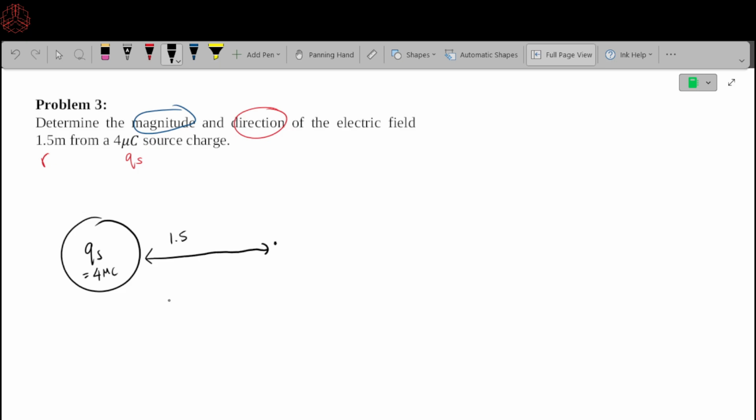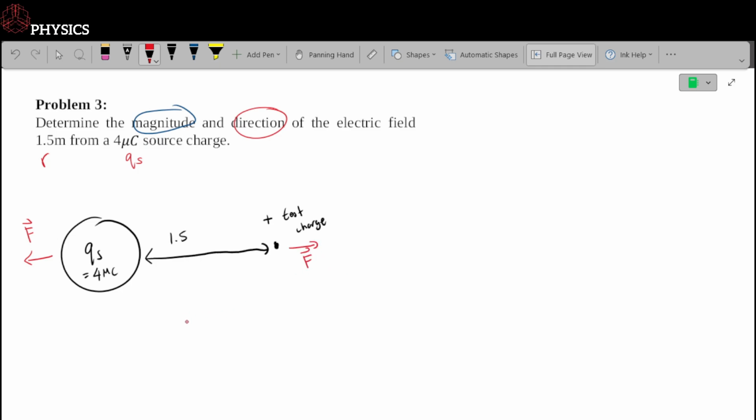It is always safe to assume that when we measure the electric field, we are using a positive test charge. Since the source charge is also positive, positive will repel positive, and therefore the force will be repulsive.